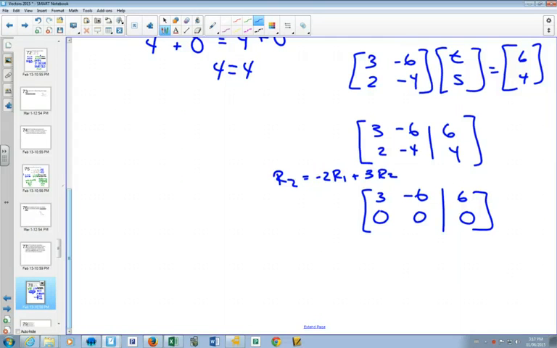So in this case, what you've done is you've reduced it from 2 equations with 2 unknowns to 1 equation with 2 unknowns. And 1 equation with 2 things that are still unknown has an infinite amount of solutions. It's a line. And a line has all those points that make it true. So it's another way of showing that there could be an infinite amount of solutions.